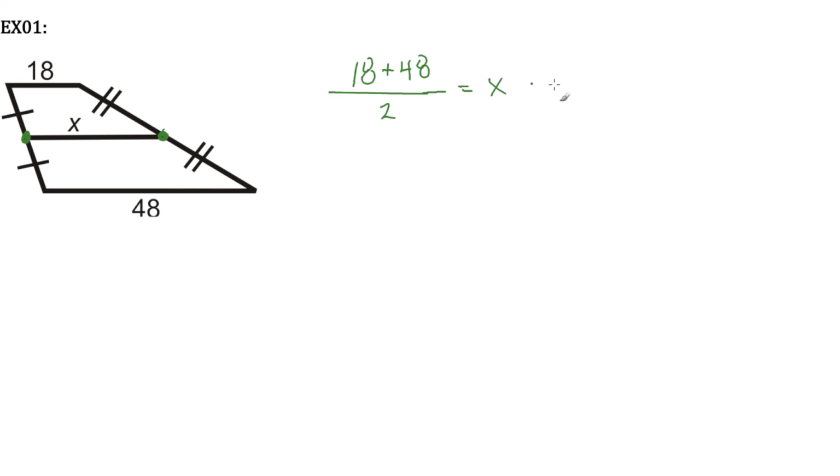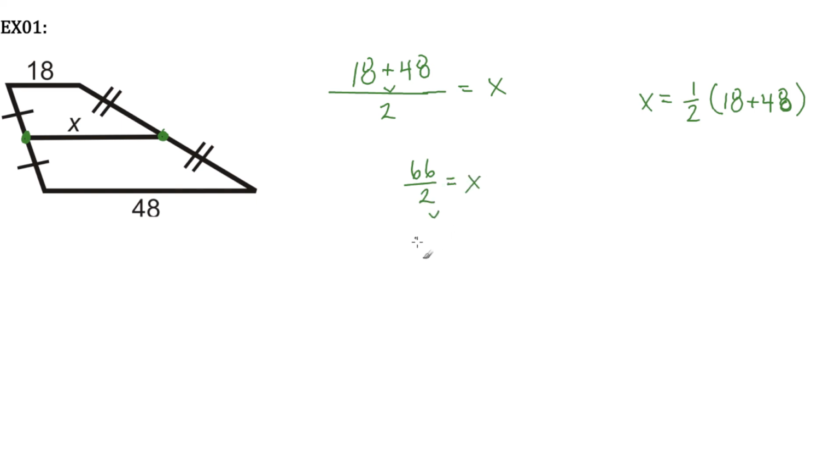We could also say that x is half of base 1 plus base 2, so 18 plus 48. Whichever you prefer, it doesn't matter. I like this one. So 18 plus 48 is 66, divided by 2 is x. 66 divided by 2 equals x.